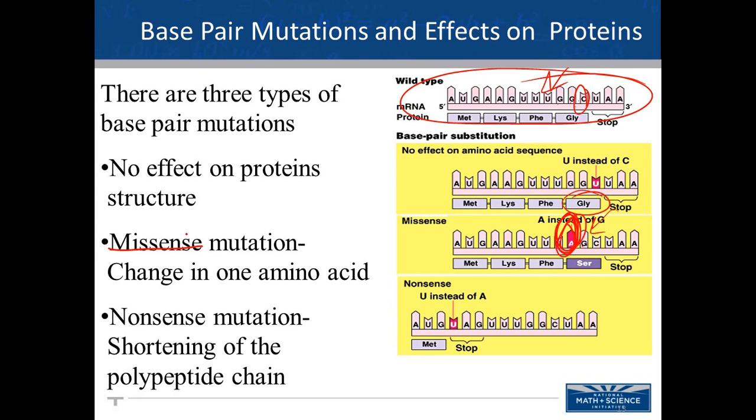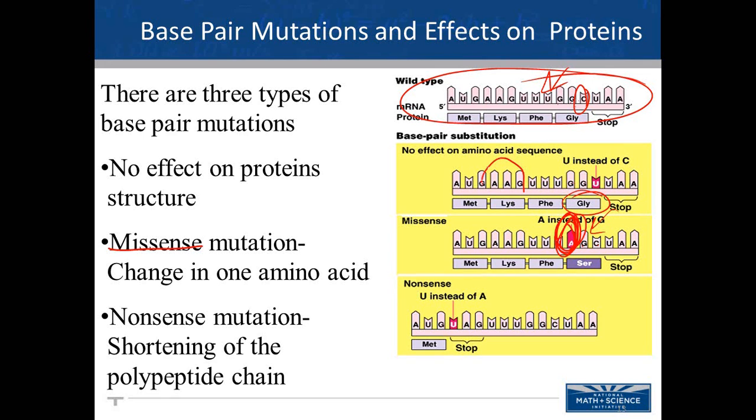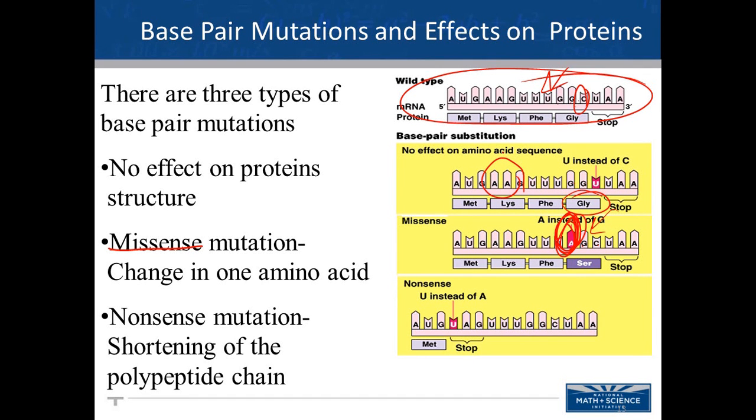Now, a nonsense mutation is one in which you have a change, like right here, where we have lysine, it is AAG. If you have a mutation and now you put a U there instead of that A, that will cause a stop codon. So now your protein is methionine.